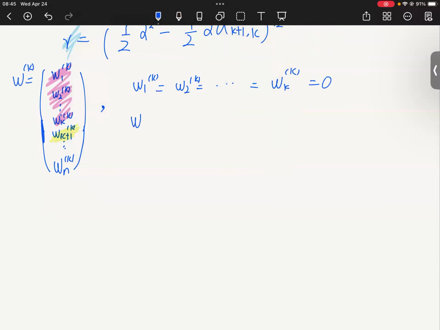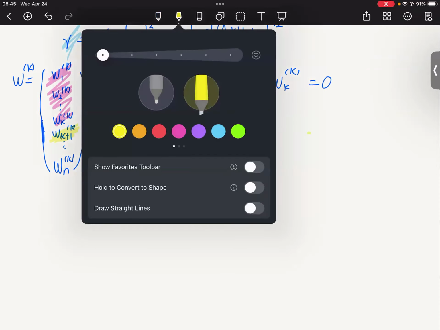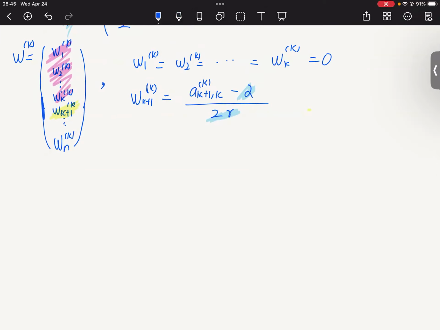And then W(k+1),k could be calculated by the A(k+1),k, that is the A(k+1), K+1 row and K column component, minus alpha divided by the 2r. That is the side product we just calculated there. And this is the formula. I just give the detailed analysis because the calculation is already very difficult.